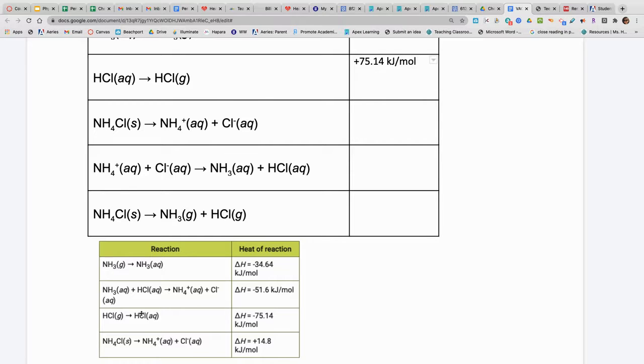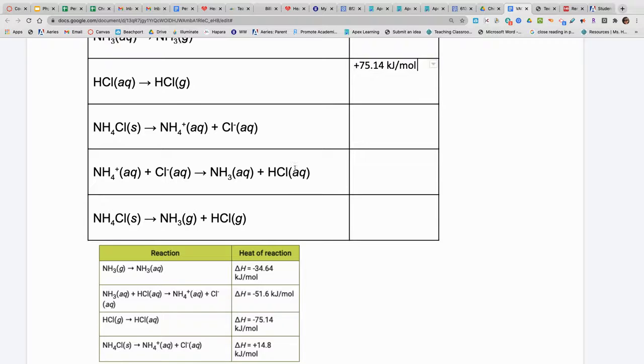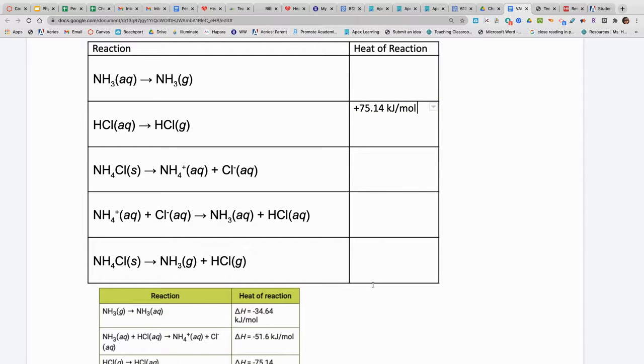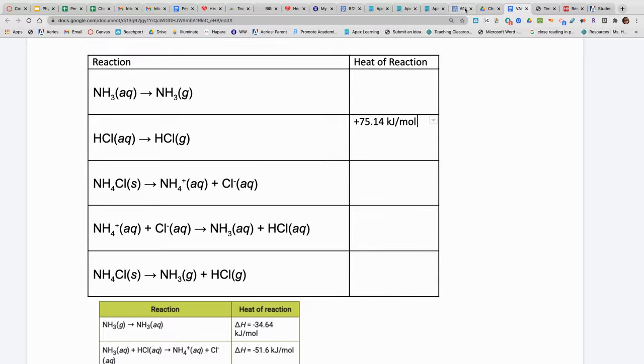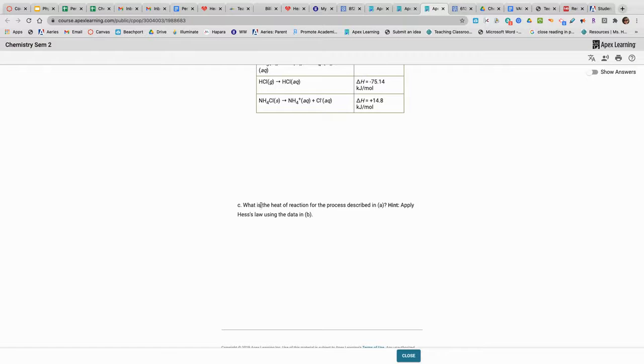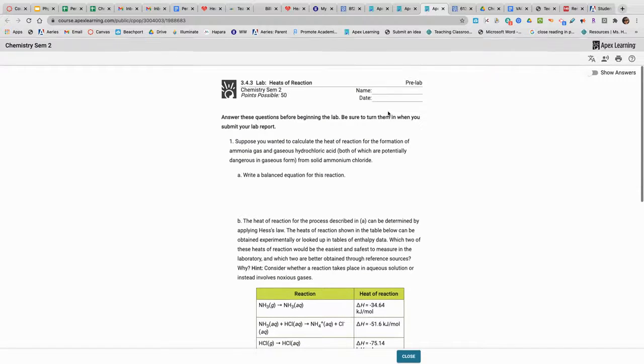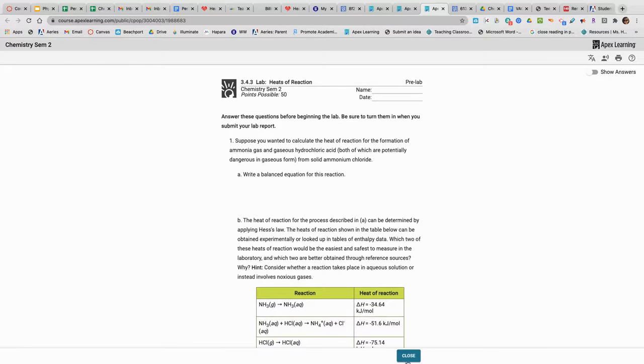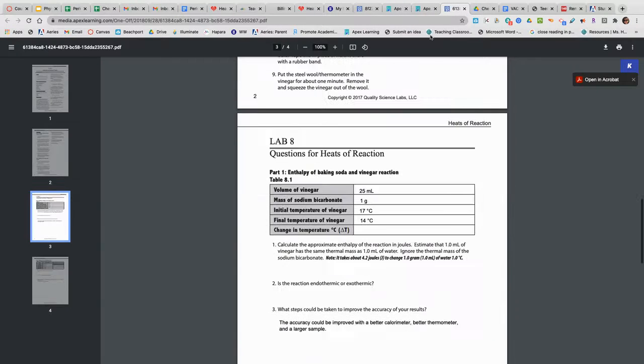Okay, because it's the reverse of what you see here. So you will fill out all of those and calculate the heat of reaction for that process. Okay, and then let's close that.